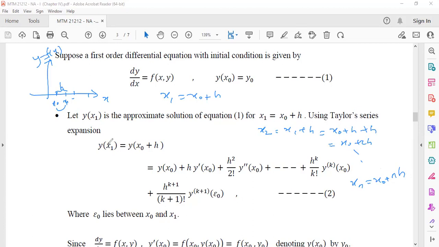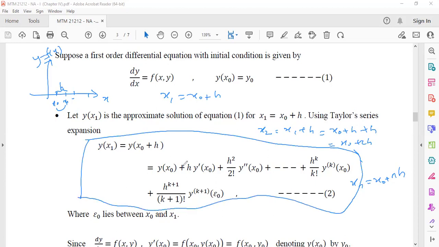Using the Taylor series expansion, which I have explained to you, this is our error term, because we are only approximating up to h to the power k, and the rest of the terms we take as the error. As I told you, this Taylor series has been found for a particular point, and the error point also lies in between.